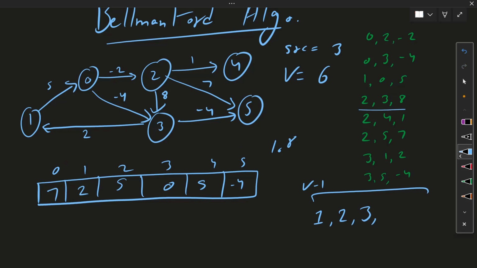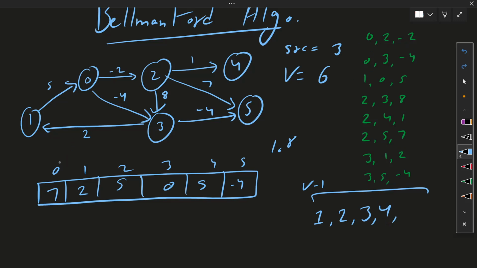Then 2 to 3. 5 plus 8, 13. 13 we will not update. Then 2 to 4. This value plus this value, 6. So we will not take this path. Then 2 to 5. This path plus this path, 12. So we will not update this. Then this will not update, as we have already checked. So then the fourth iteration is done.